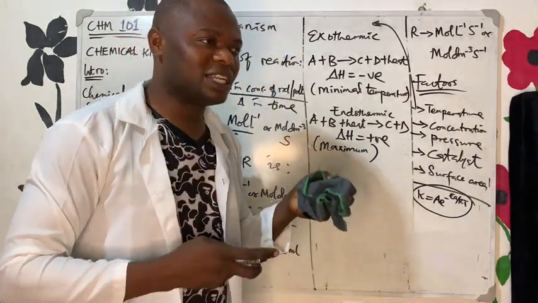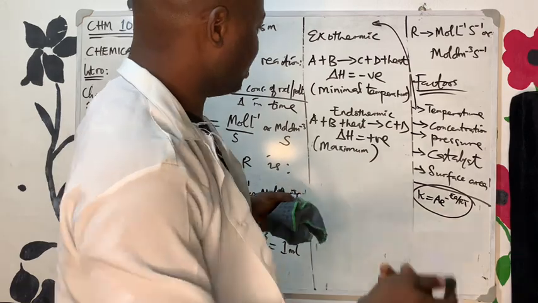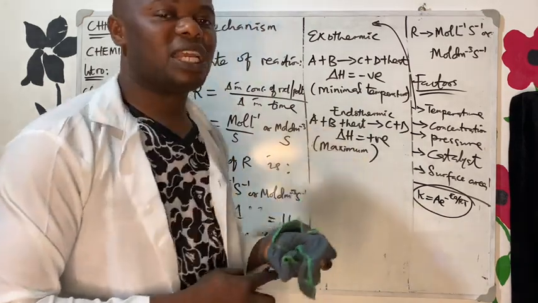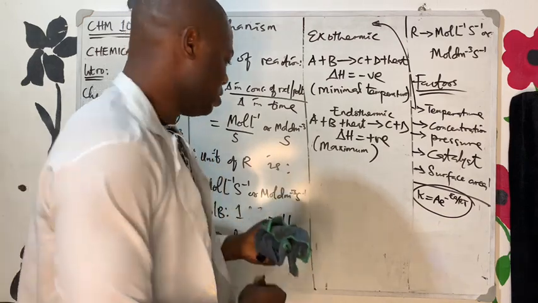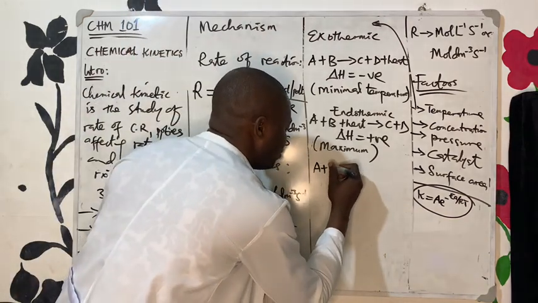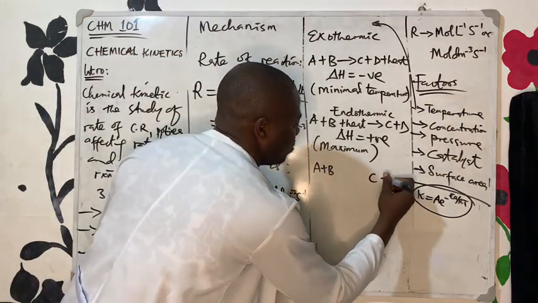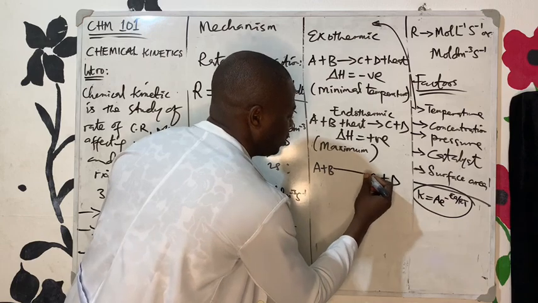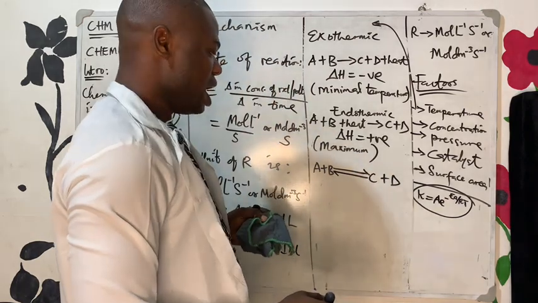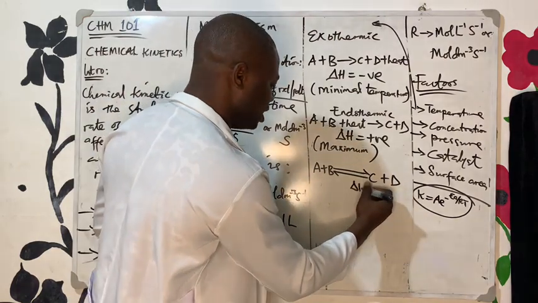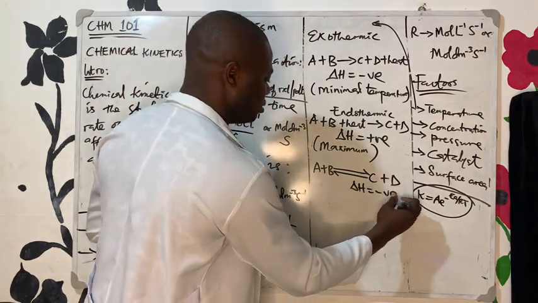Let me say what I wanted to say before. I want you to understand that these two processes occur simultaneously. Look at this. We have A plus B giving you C plus D. These reactions are always the reversible process of each other. If the change in H is negative, what does it mean?